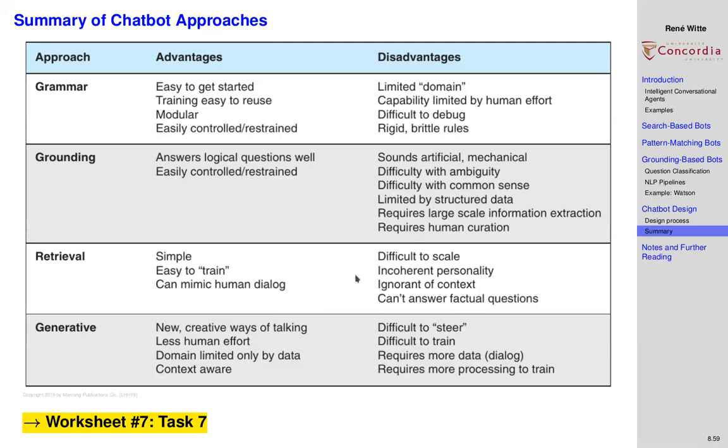However, because of the simple retrieval approach, first, it cannot answer any factual questions. It can really only answer what appeared in this question answer set. And again, they can't keep any context information. Each new question is retrieved based on the input and not on what was asked before.